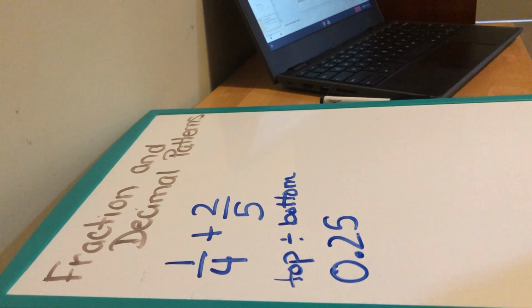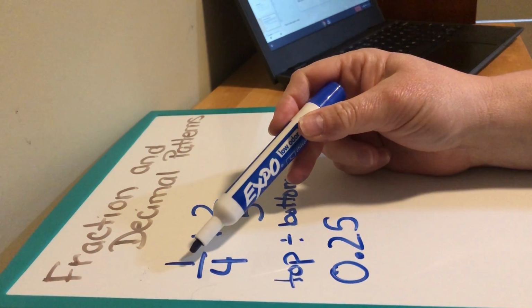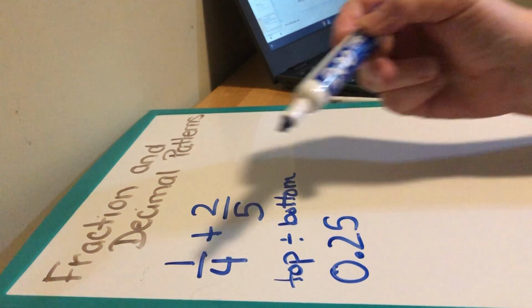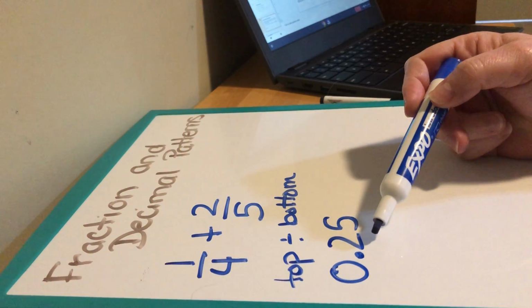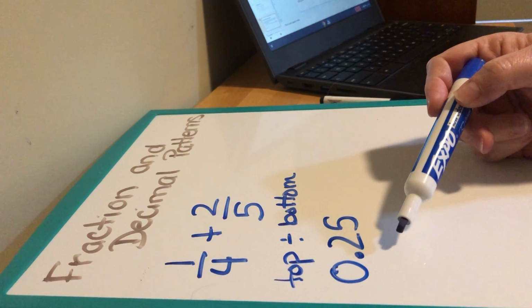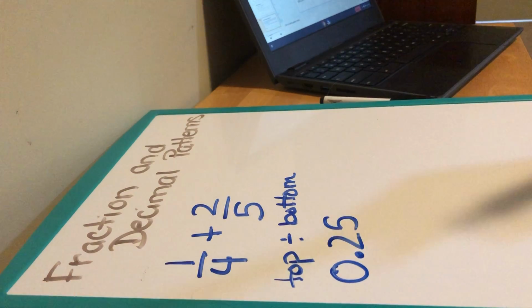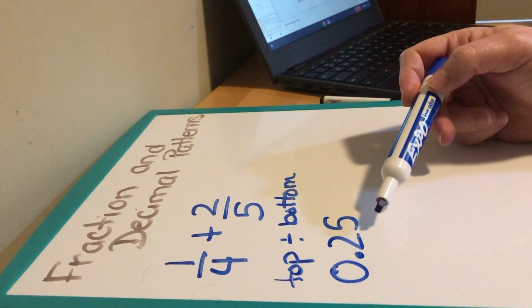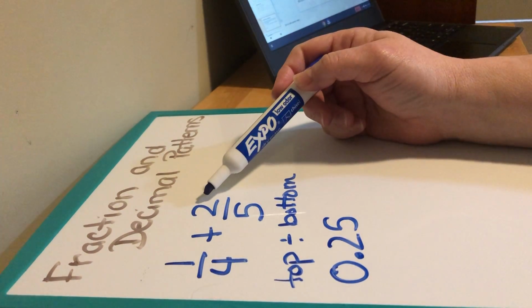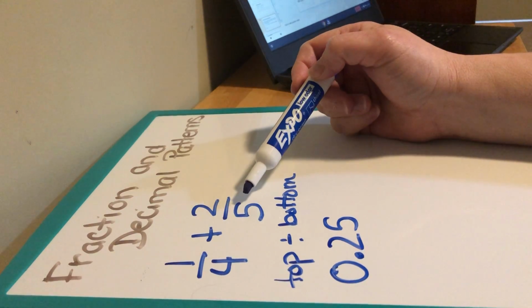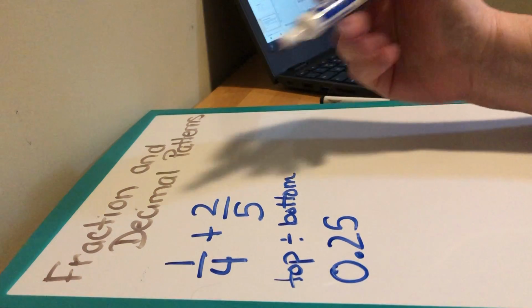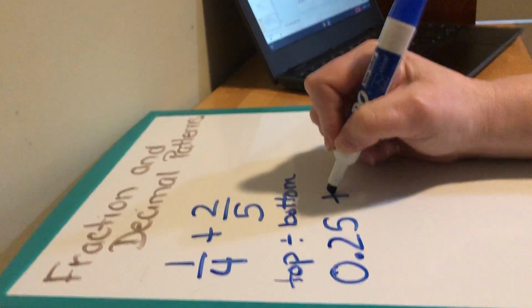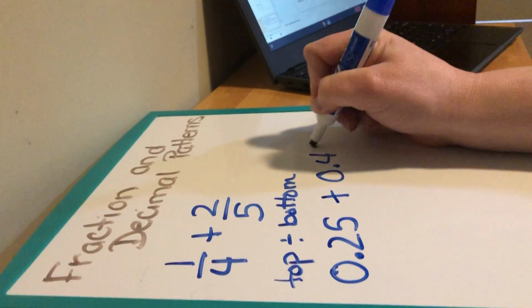So if I put into my calculator 1 divided by 4, the answer would be 0.25. There are some fraction and decimal equivalents you're just going to want to memorize. But the standard rule is top 2 divided by bottom 5 into a calculator will get you a decimal.